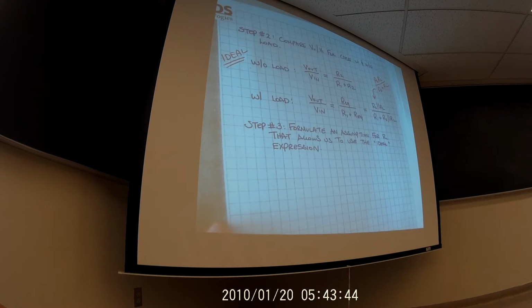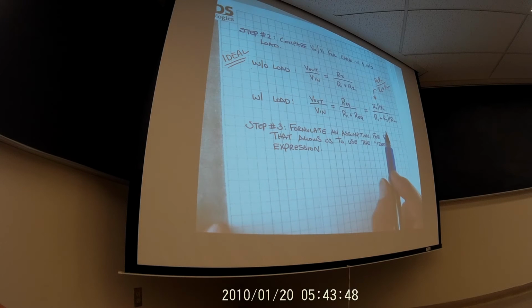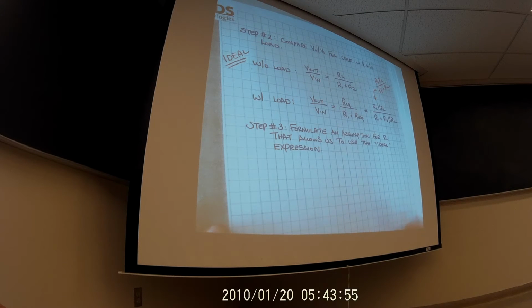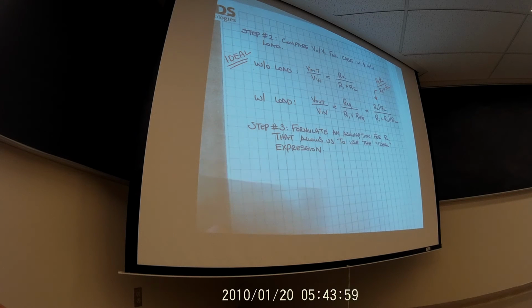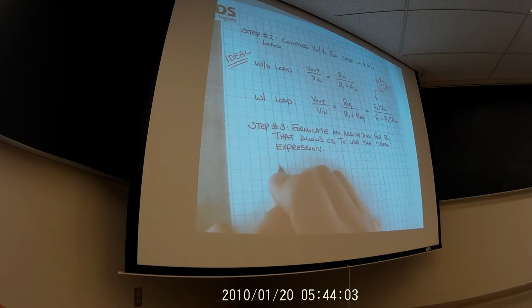So let's just use this expression for a second. Well, I've kind of already explained it. The rule is this, essentially. I'm just going to stick to it. And this is a rule of thumb we're going to use in this class. Depending on what the application is, you could use a different rule of thumb.